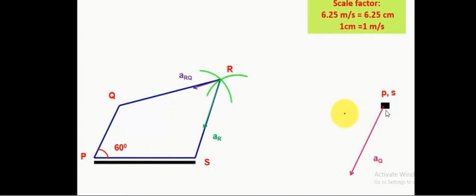So trace the line from PQ to, sorry, PQ to PS. Again, using a rolling scale, you can take that direction from the mechanism itself. Now, since there is no tangential component for AQ, because that is a crank, that itself will be there. And we know the radial component of AQ is 6.25 meter per second square.